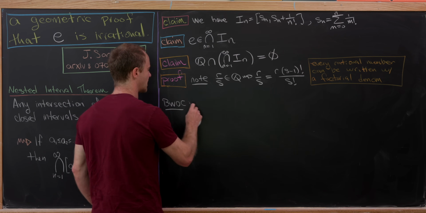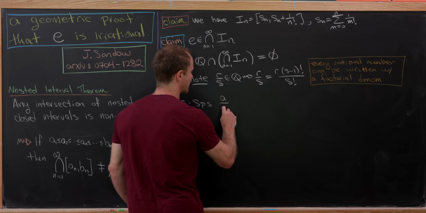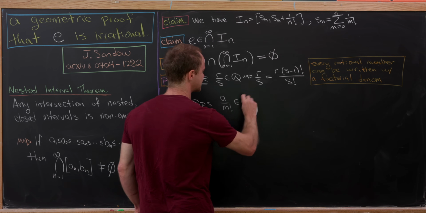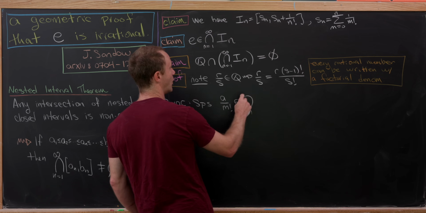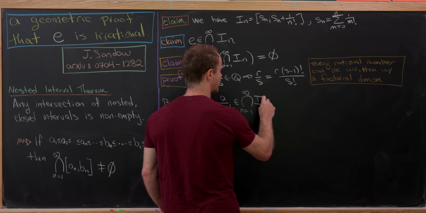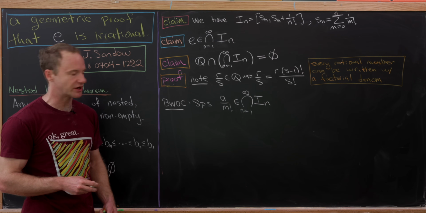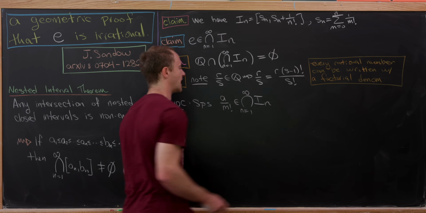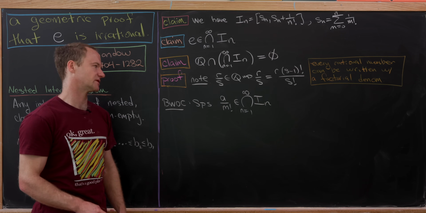So by way of contradiction, let's suppose that a over m factorial is inside of this intersection. So we've got the intersection from 1 up to infinity of I sub n. Again, this may not seem super general, but by this little orange box over here, we know that this could be a representation of any rational number.